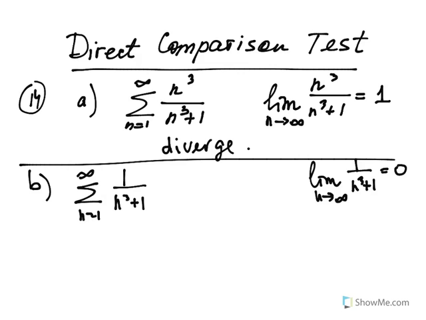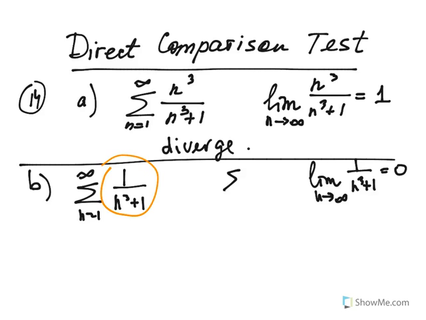So this is how it works. You look at this expression right here and you say, what does it remind me of? Which one am I actually familiar with? We call it the p-series, if you remember from one of my previous videos.